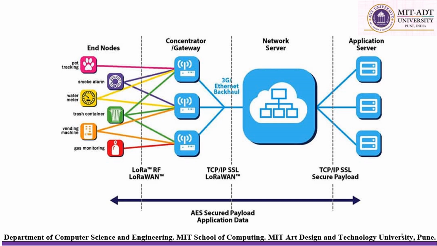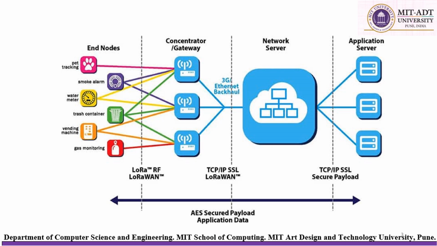The next important component is the network server. The network server is a piece of software running on a server that manages the entire network. That is the big responsibility taken up by the network servers.